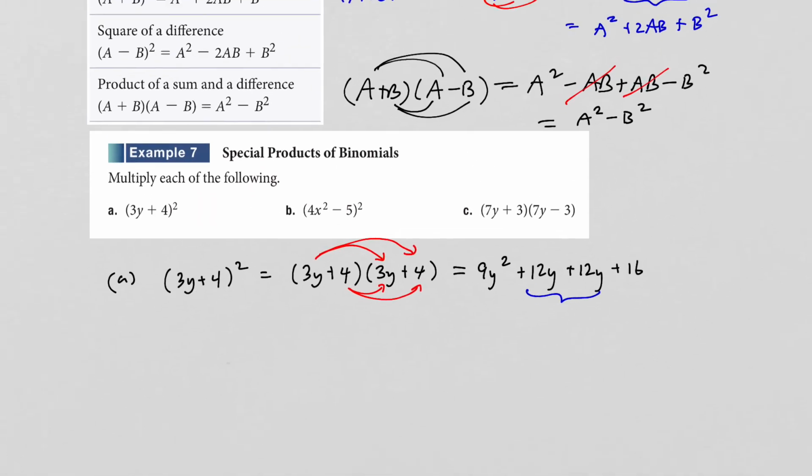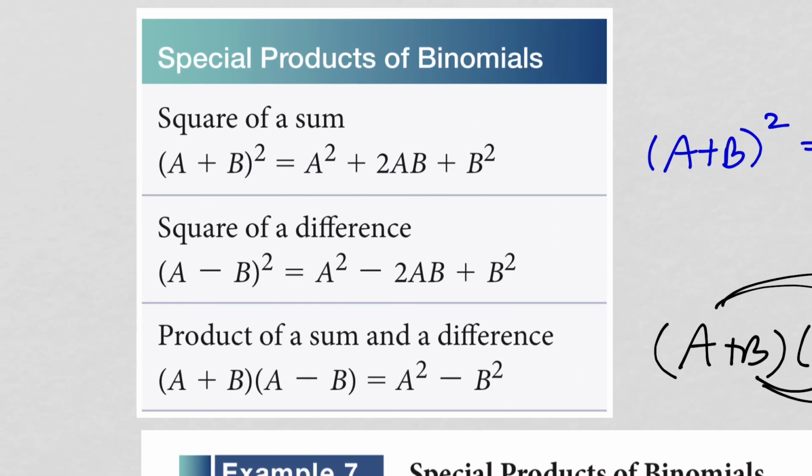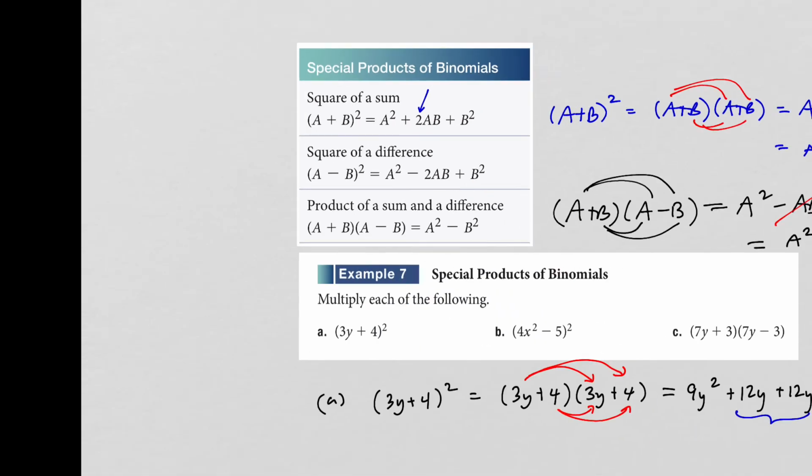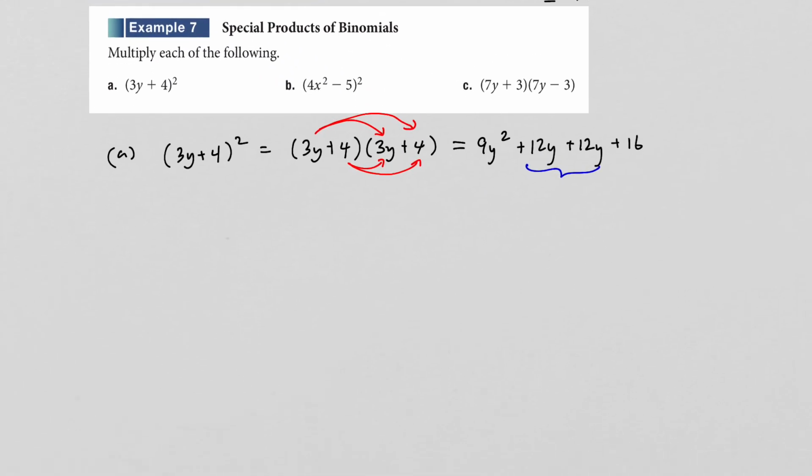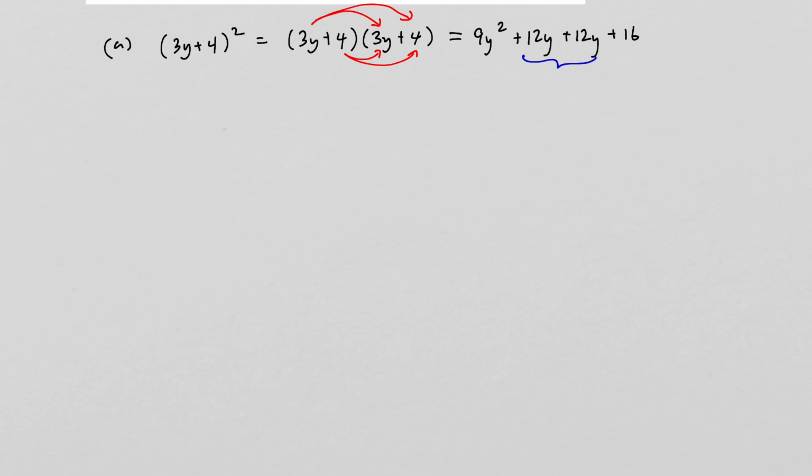So that's where the 2 comes from in that formula, right? You're always going to have two of the same thing, okay? But again, we don't have to know that to do this. All we have to do is simply add 12 and 12 to get 24. So we end up with 9y squared plus 24y plus 16.